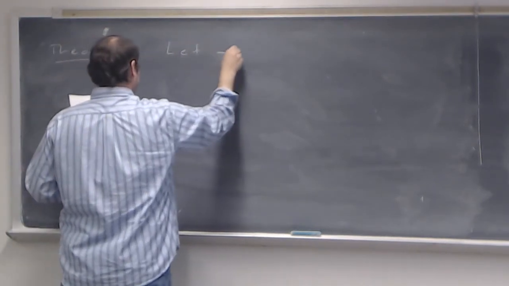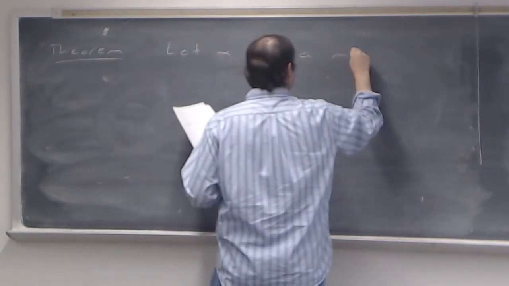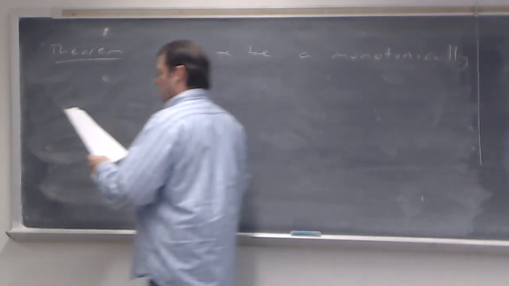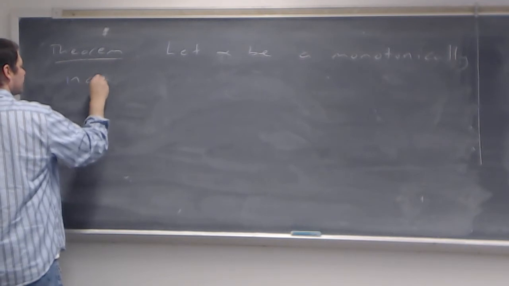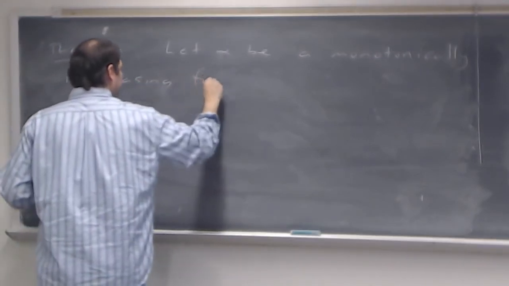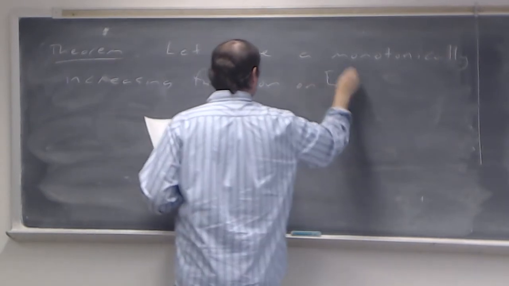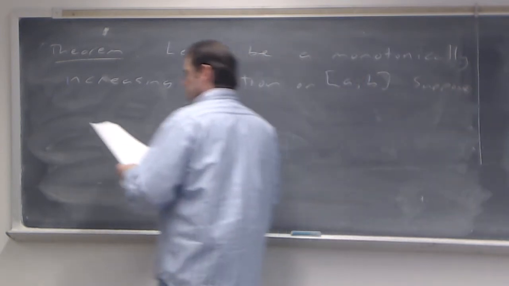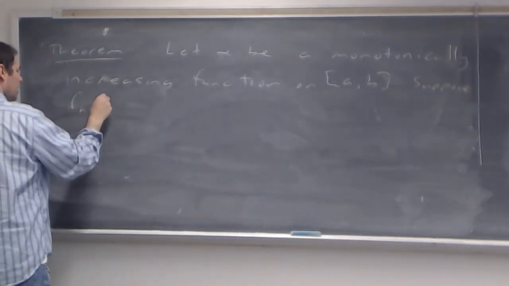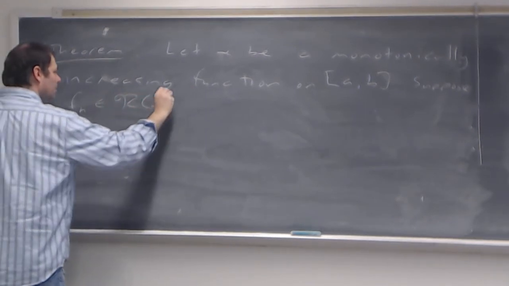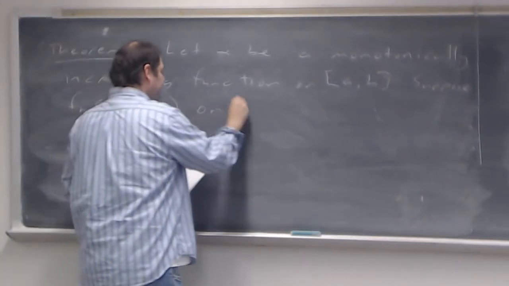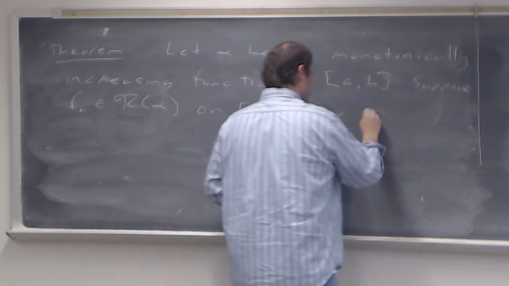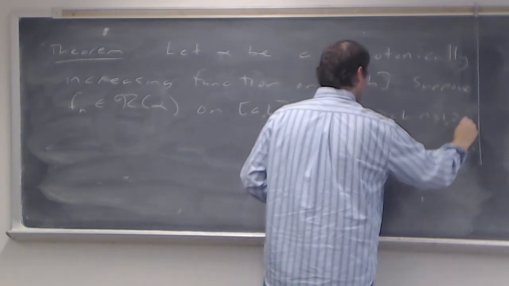We're going to let alpha be a monotonically increasing function on a to b. We're going to suppose f sub n are Riemann-Stieltjes integrable with respect to alpha on a to b, and that's true for each n equal 1, 2, forever.